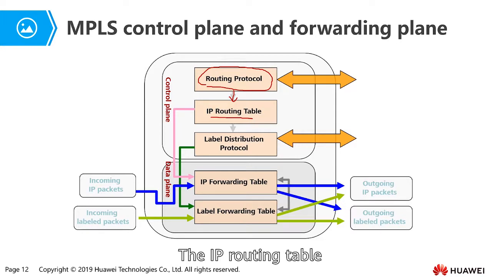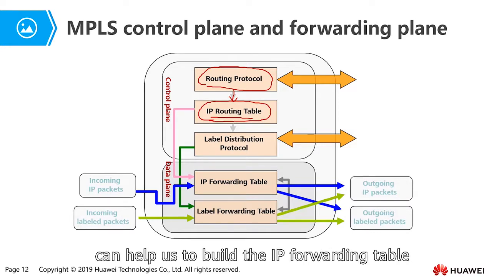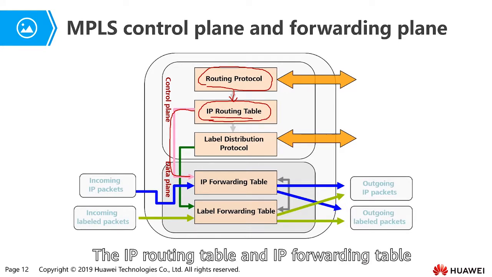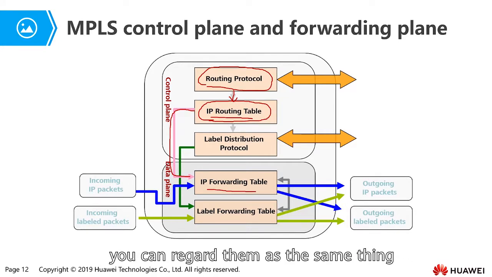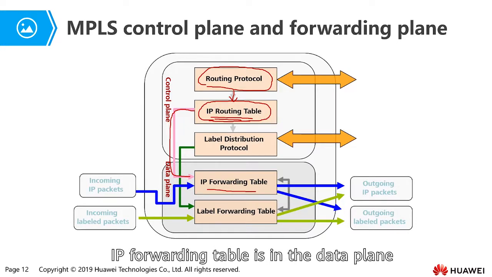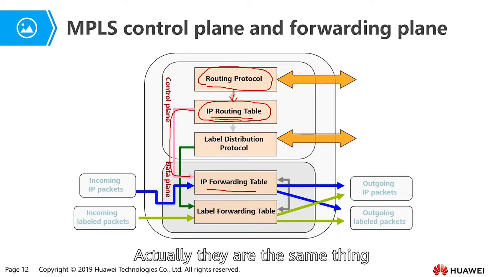And the IP routing table can help us build the IP forwarding table. You can regard the IP routing table and IP forwarding table as the same thing. One is in the control plane, and the IP forwarding table is in the data plane. Actually, they are the same thing.